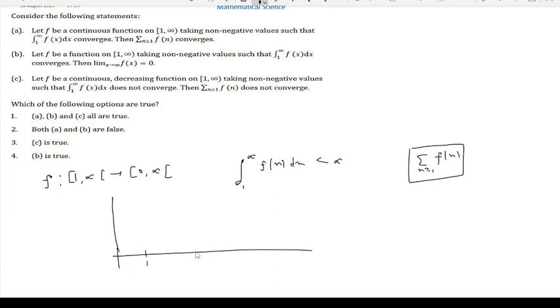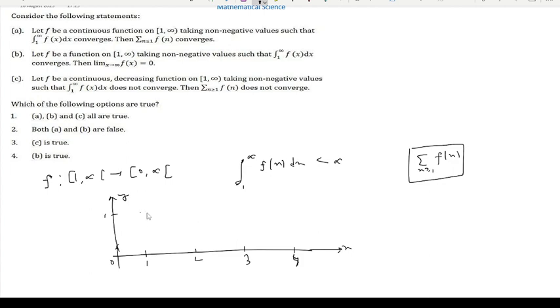Say here 1, say here 2, here 3, 4 and so on, and let us now try to define the function in such a way that, say this is our 1.